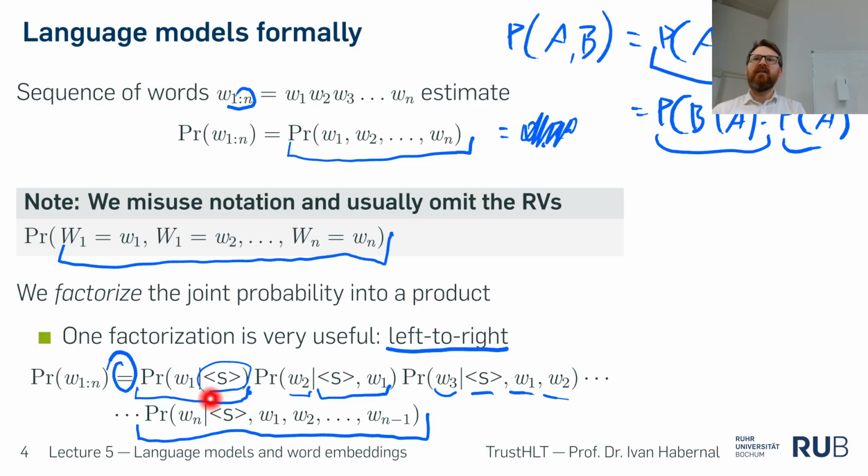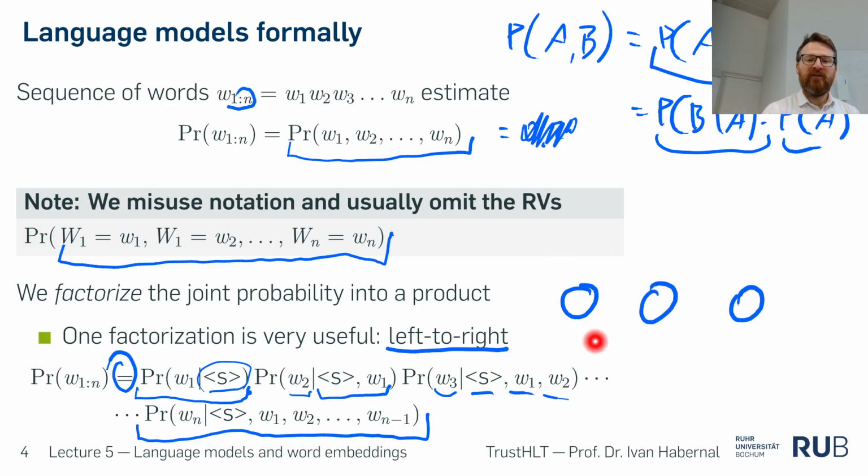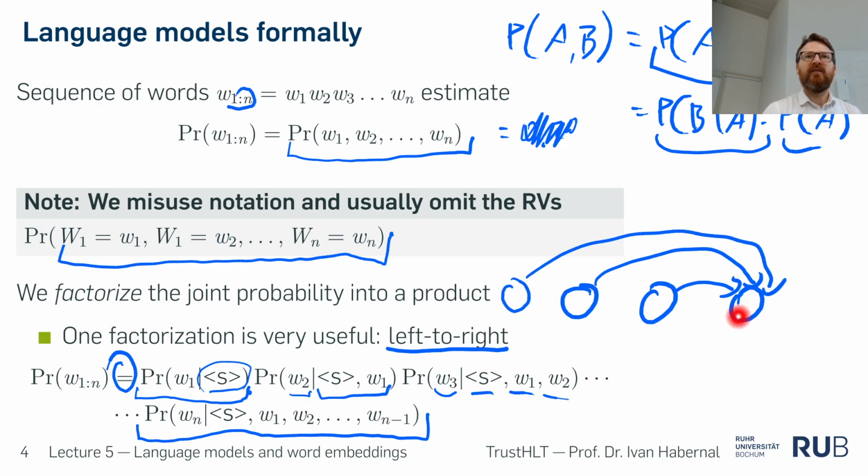You're almost right, but it depends. If you have a transition from one state to another, and you end up in this state, you would be depending on all the previous states. This is basically what we have here: you're conditioning on all the previous states.